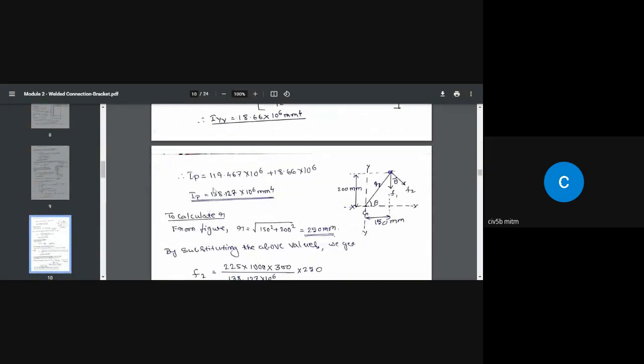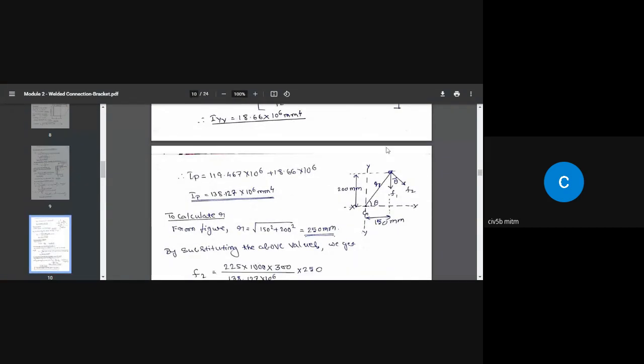So that is 400 multiplied by 5.6 and 50 square. Finally, I got the value of Iyy equal to 18.66 multiplied by 10 to the power of 6 millimeter to the power of 4. So once we have those two values, add those two values to get the Ip value, that is the polar moment of inertia.